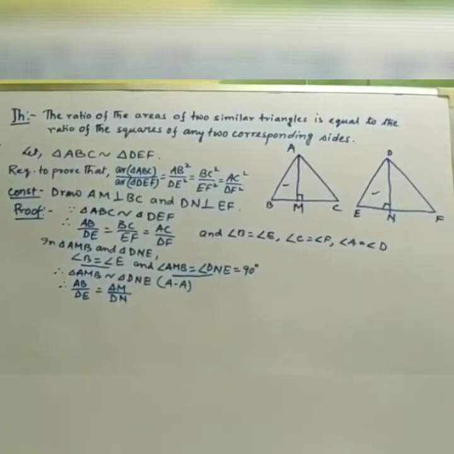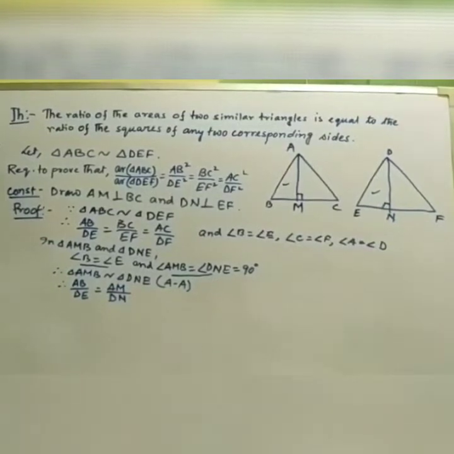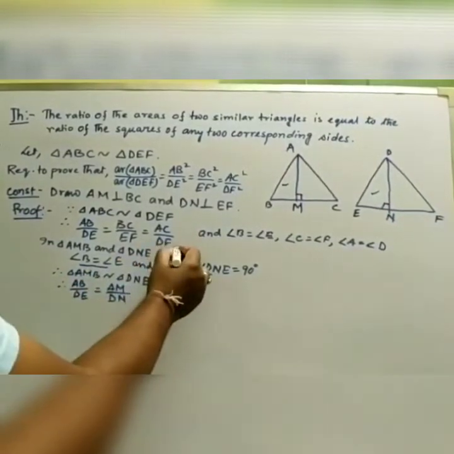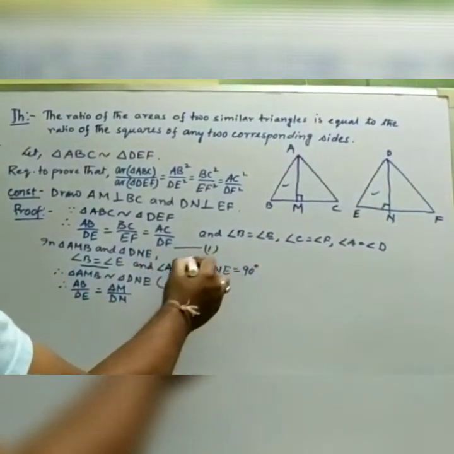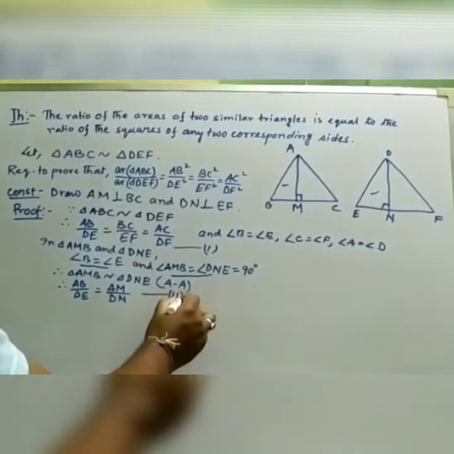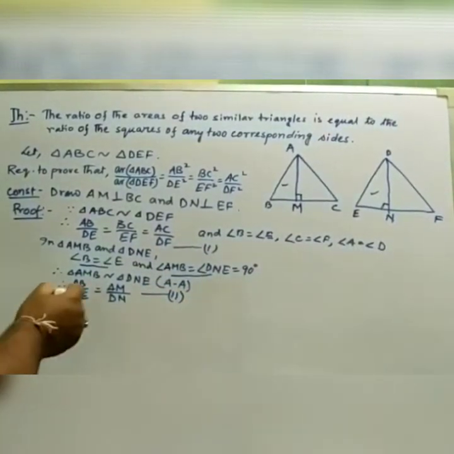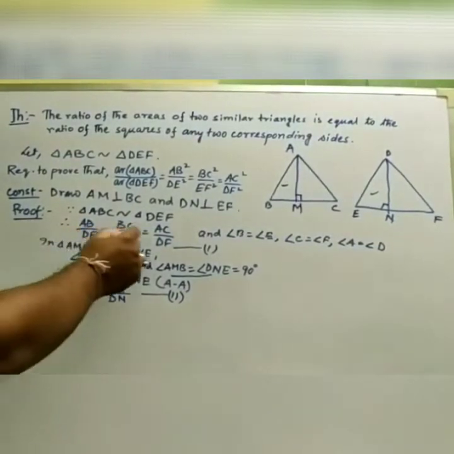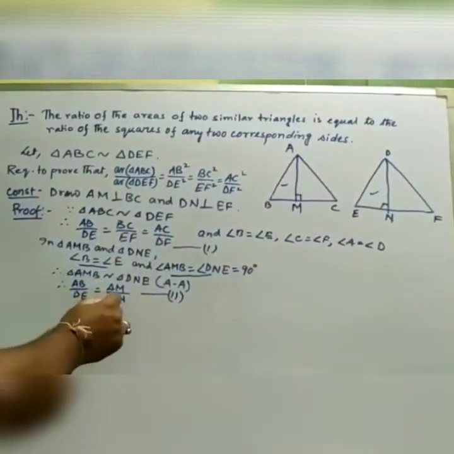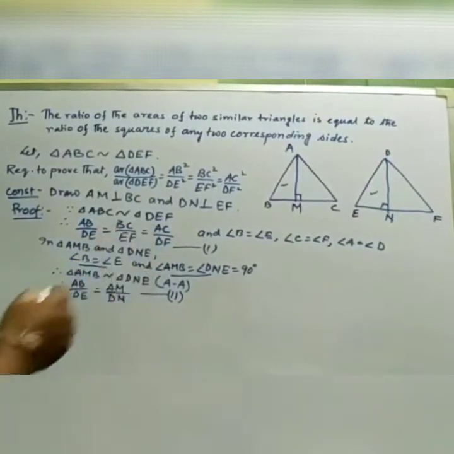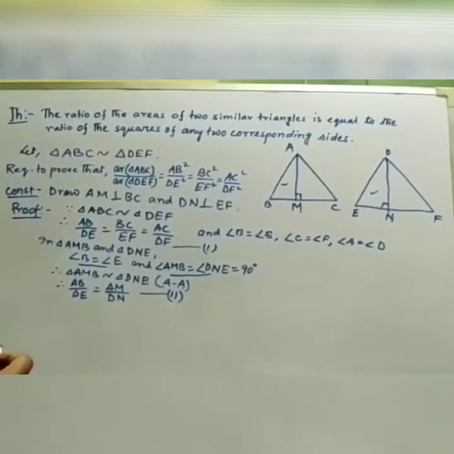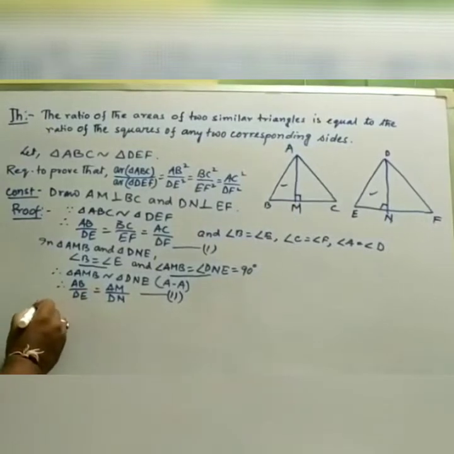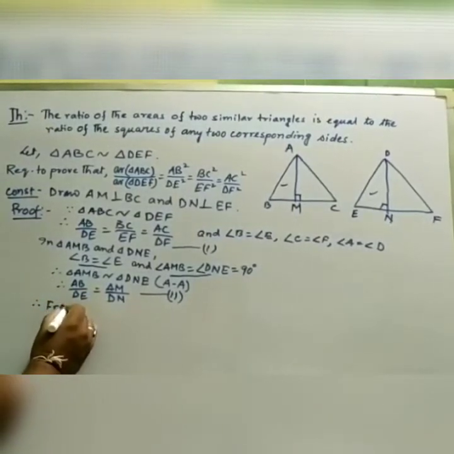Okay, so AB by DE equals AM by DN we have got. We are giving the name of this condition as 1 and this condition as 2. You can see AB by DE is here, so AB by DE equals this part, which is also equal to this. So these parts are all equal. Therefore from 1 and 2.